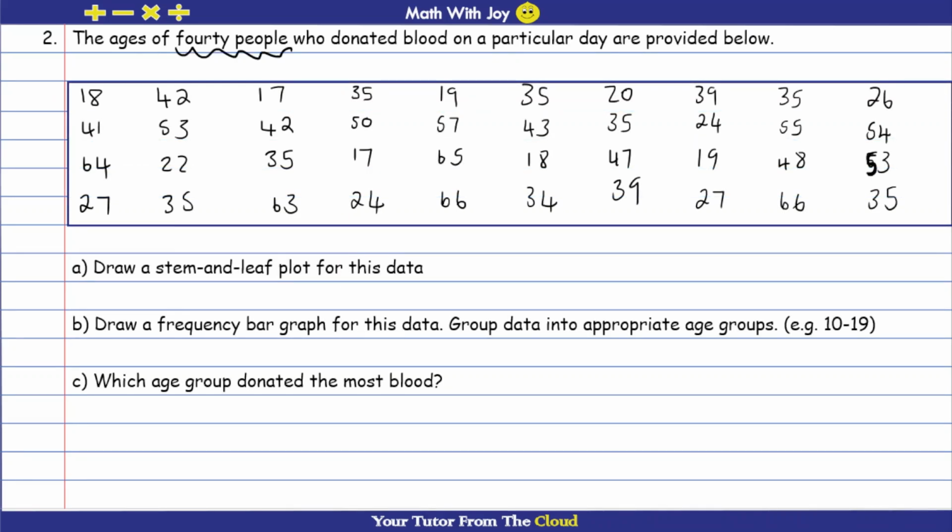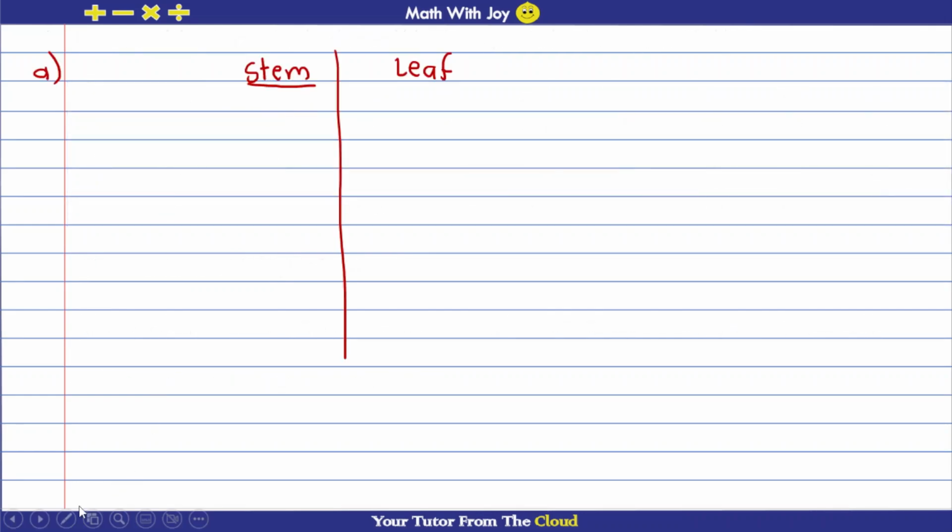Looking at the data and scanning through it, I see the smallest value I have is like 17. It's in the teens, so I could start my stem and leaf by the teens, but I'll start it from 0 so that you can see what we mean by stem and leaf. So I'm going to draw my stems and say 0.